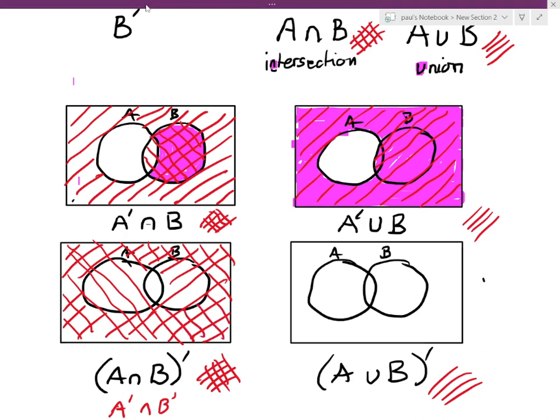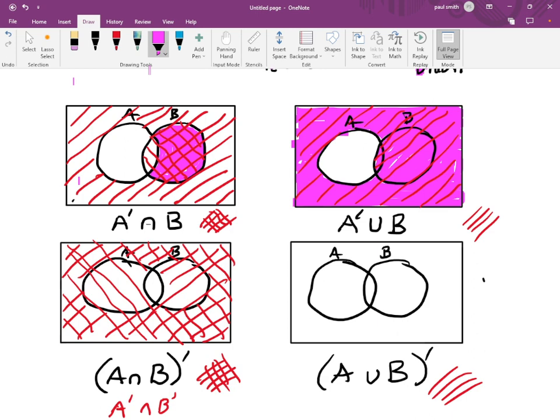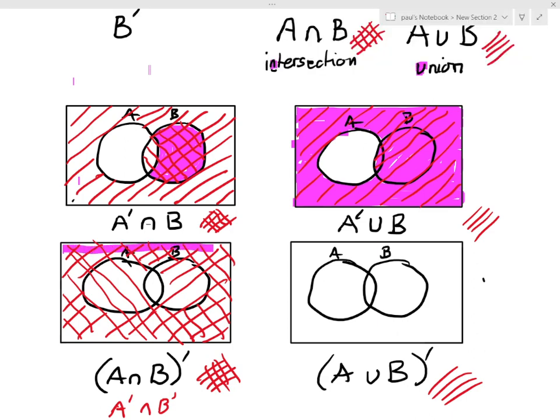Right, and colour in all the crisscrossy bits. And this is more than likely just a multiple choice question where you're matching up one of the criteria with the picture of the shaded regions.